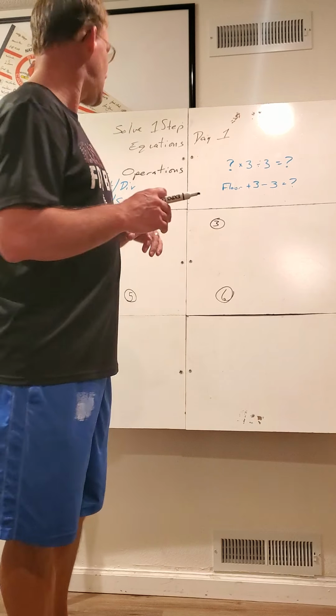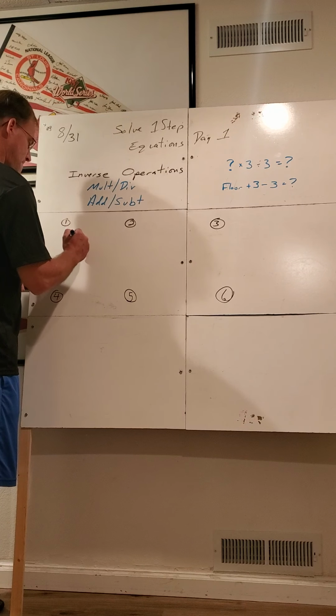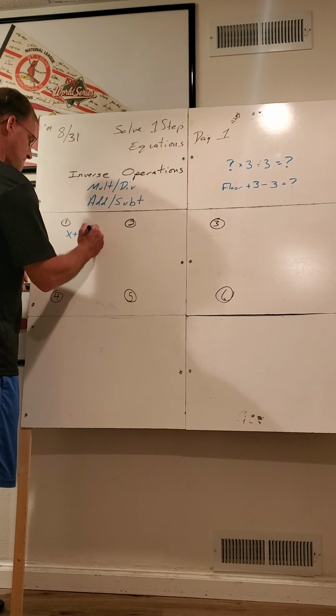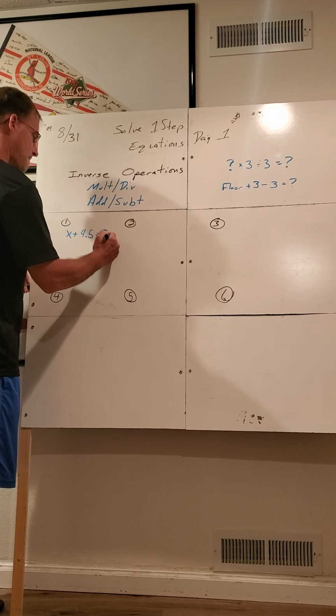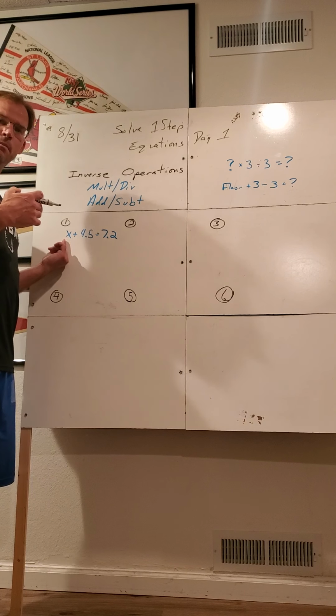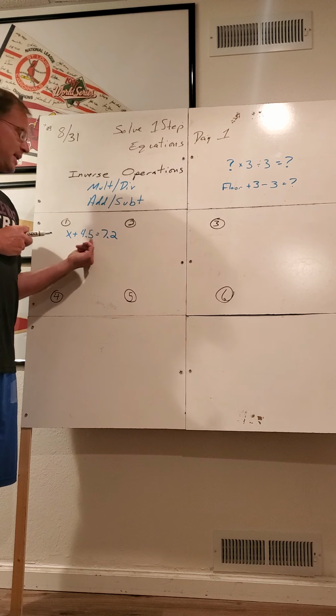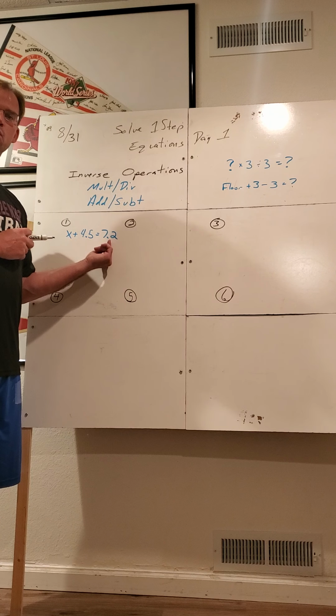So now, how that helps us is when we have an equation. If I have some mystery number, x, and I went up 4.5, and now I equal 7.2.